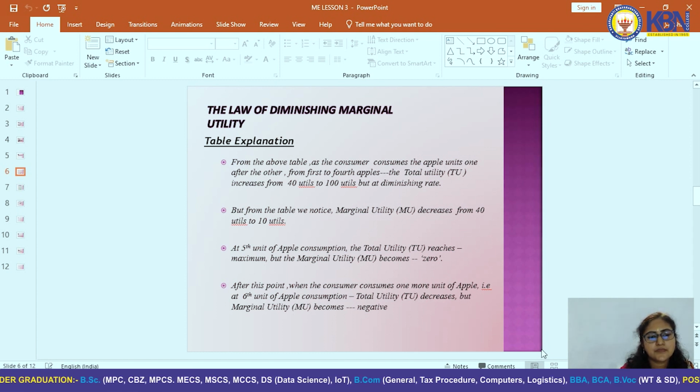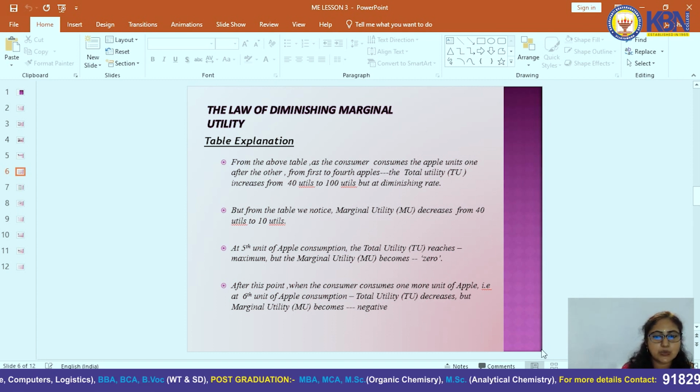If we notice the same table again, at the consumption of the fifth unit of apple, the total utility reaches its maximum. But on the other hand, the marginal utility becomes 0.